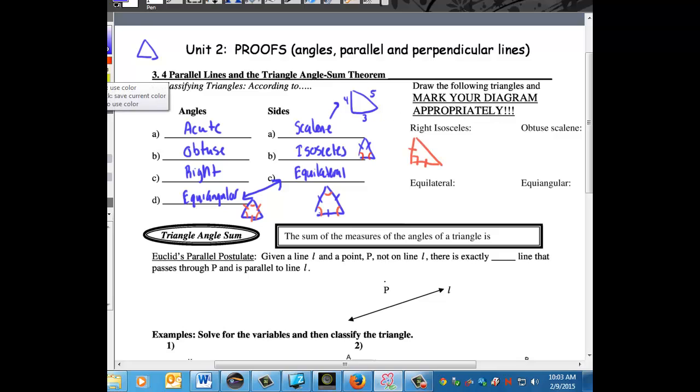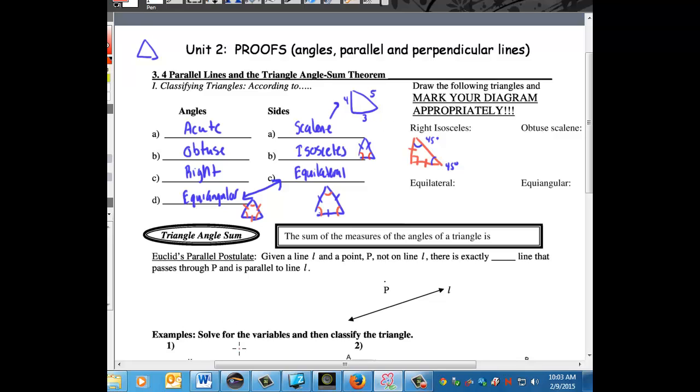Also, since these two sides are the same, I would know that these two angles have to be the same. Furthermore, since I know that this is 90, that means these angles would have to be 45 degrees and 45 degrees, which we'll learn more momentarily.